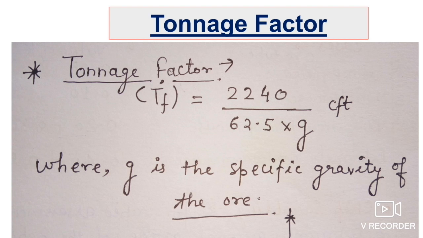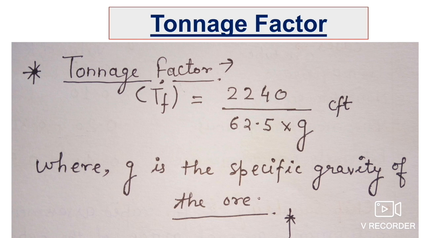Tonnage factor we have discussed in the previous video, but I have provided the formula for it. It equals 2240 divided by 62.5 into G, in cubic feet, where G is the specific gravity of the ore.